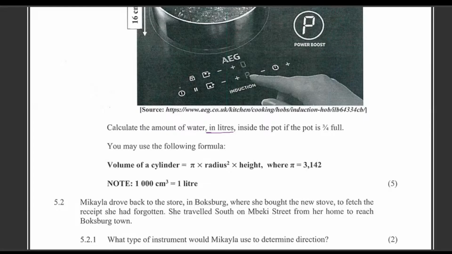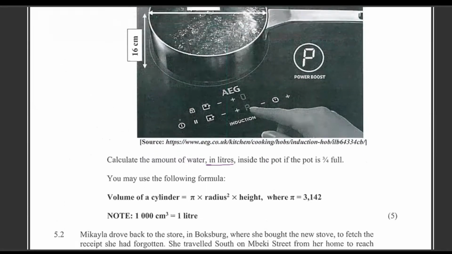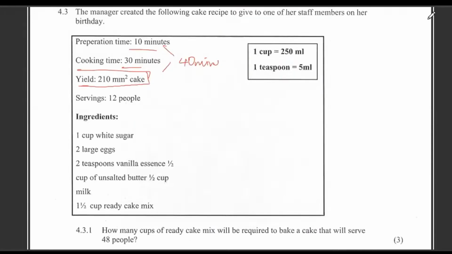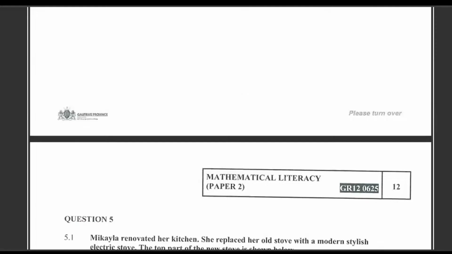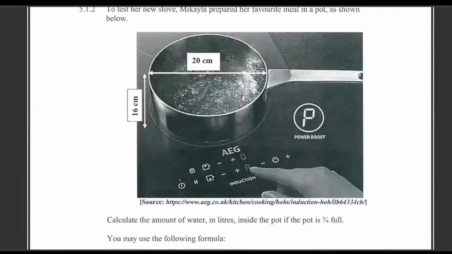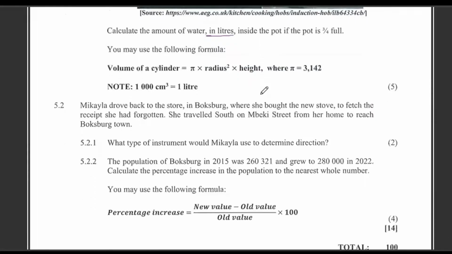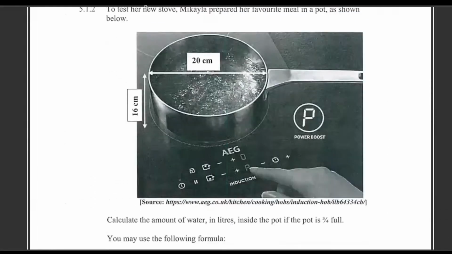Let's look at that and we see we need the liters. So what we're going to do, first and foremost, find the volume. Ask yourself, do I have the radius or the diameter? Whatever you show us, you get a mark. Okay, we have a diameter of 20 centimeters and a height of 16.